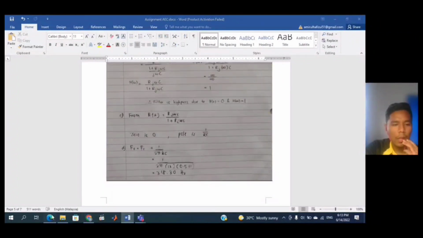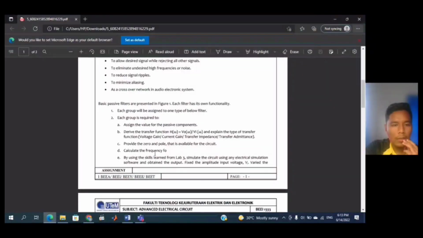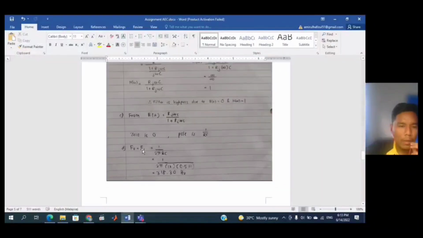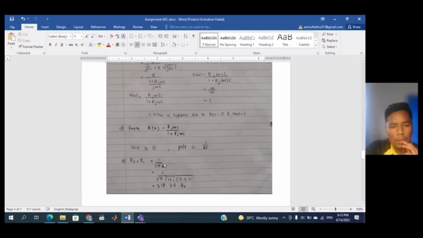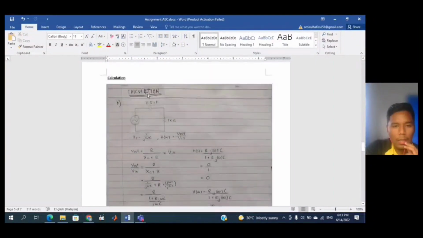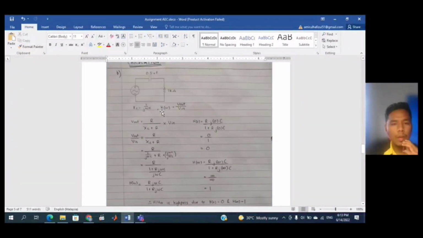And lastly, we calculate the frequency F naught. We get F naught equal to Fc equal to 1 over 2 pi RC. From this circuit, R equals 1 kilo ohm and C equals 1.5 microfarad.